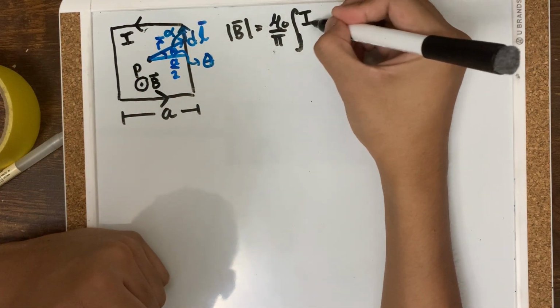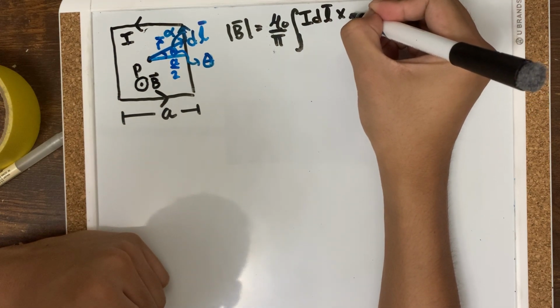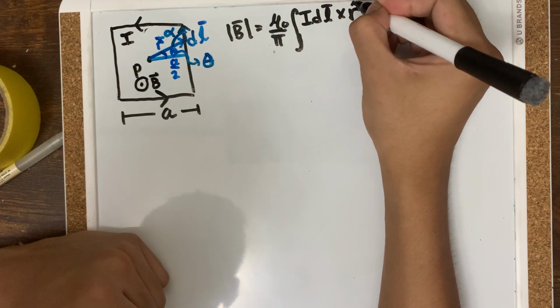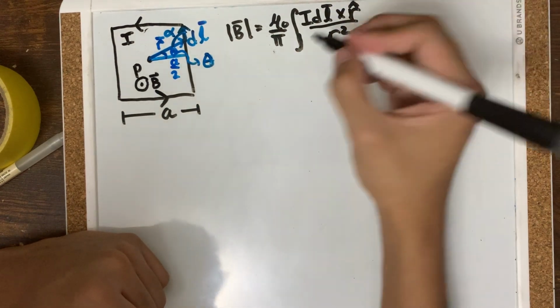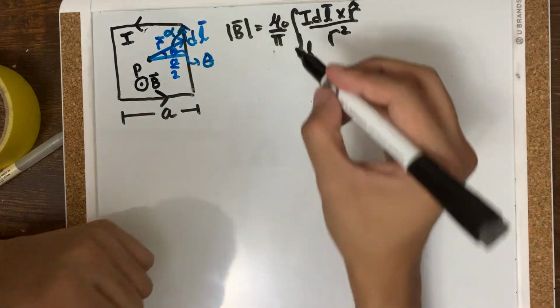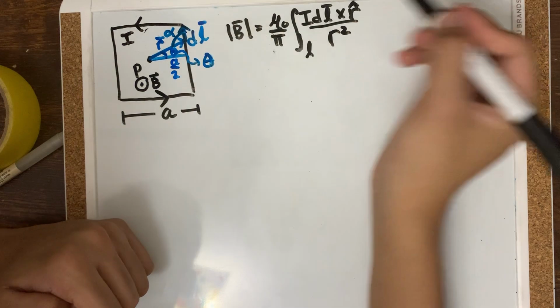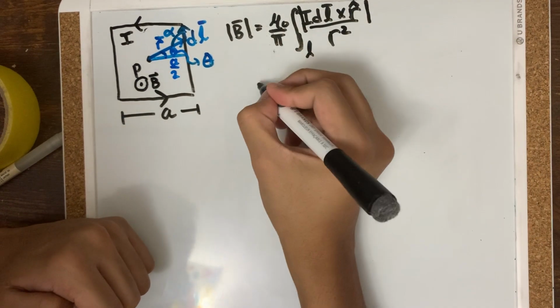We do the integral of dl vector cross r hat, the unit vector, over r squared, your separation vector squared. Let's just call that a line integral. Since it's a magnitude, we need to take the magnitude of the right side as well.